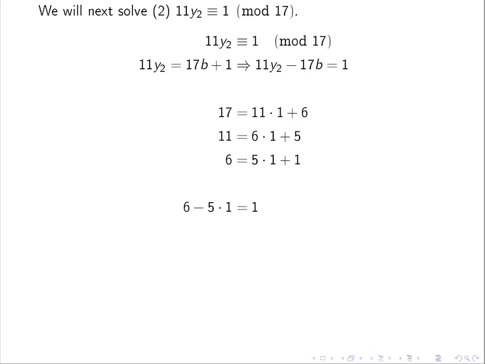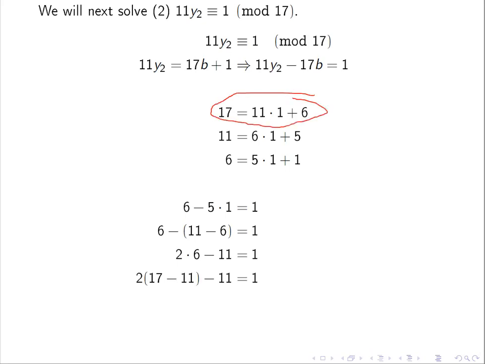Working backwards, again, we start with 6 minus 5 times 1. That's 6 minus (11 minus 6). 2 times 6 minus 11 is equal to 1. However, now we can replace it using this first equation. 6 is 17 minus 11. So therefore, 2 times (17 minus 11) minus 11, or in other words, 2 times 17 minus 3 times 11 equals 1.